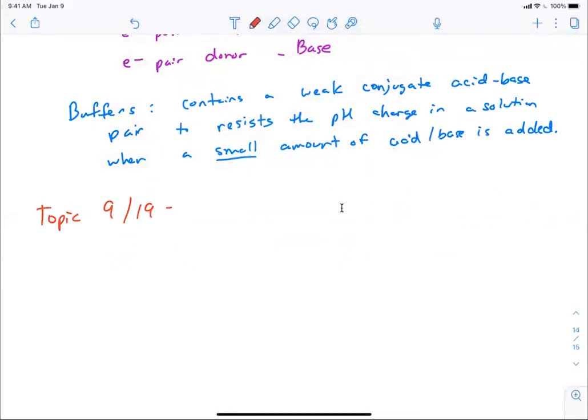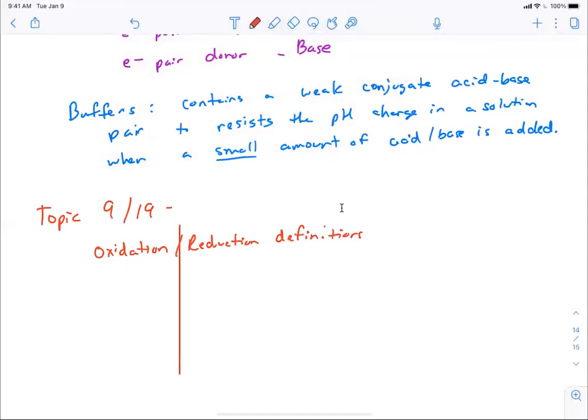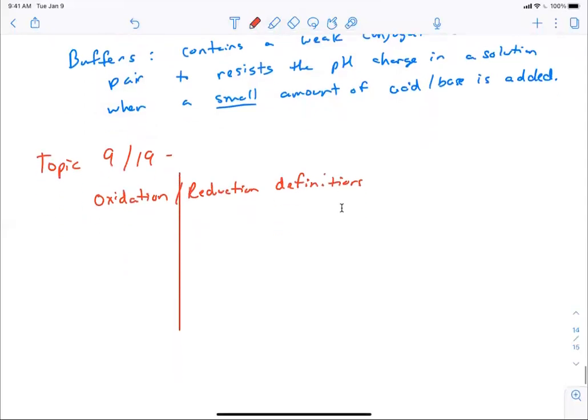Topic 9 and 19. Okay. Oxidation and reduction definitions. There's three of them, and you need to be aware of all three of them, right? The first one is loss of electrons and gain of electrons.